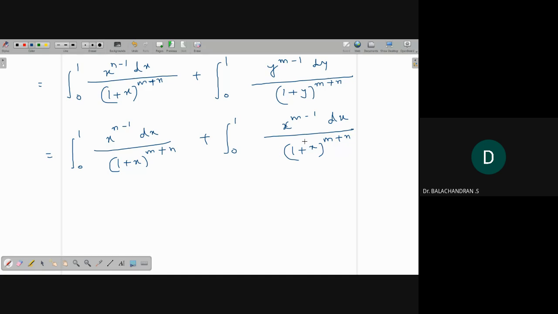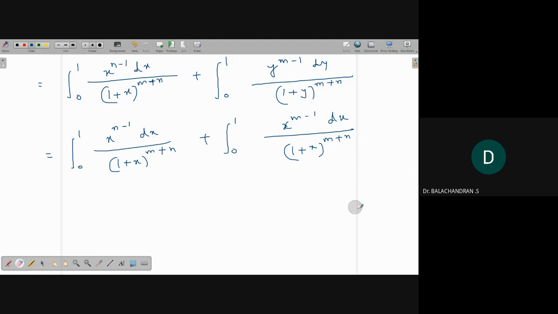If I write like this, the students will ask, sir, the substitution variable is different. We had taken x equal to 1 by y, but you replaced y by x. But here it's not in that sense. We just replaced it because of the dummy variable.